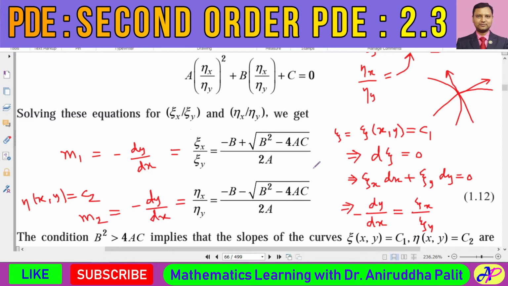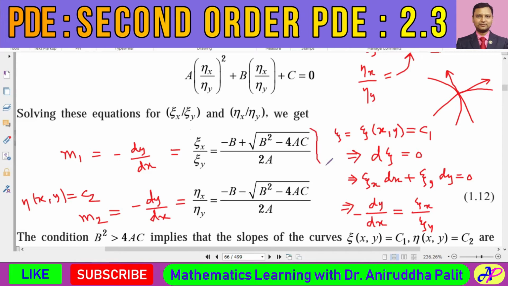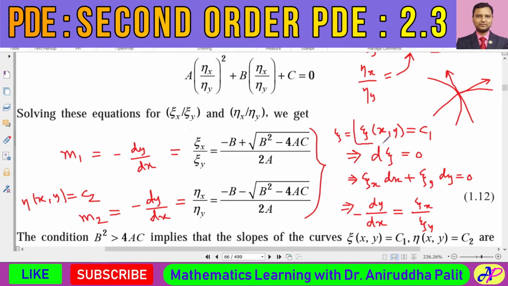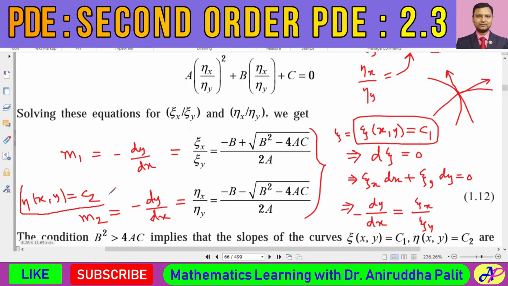So what we observe over here geometrically is that this kind of relation will give us two such expressions: xi of x comma y is equal to c1, and eta of x comma y is equal to c2, and from those relations we can identify the functional form of xi and eta.